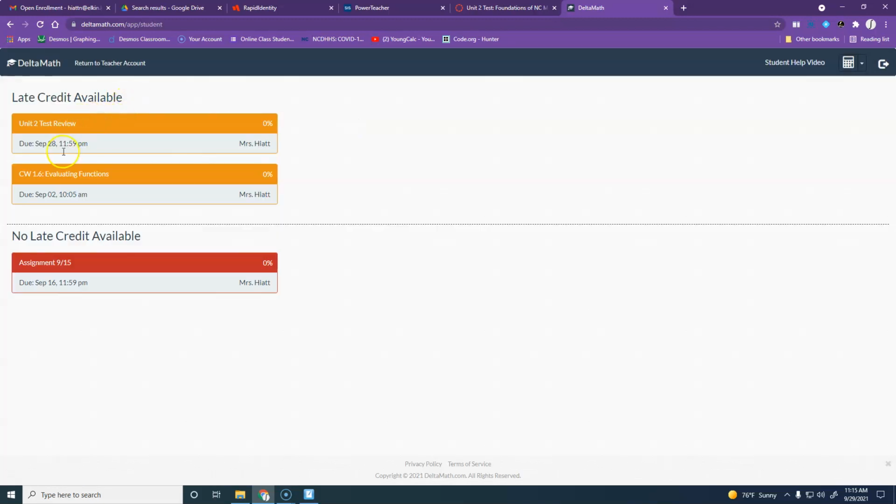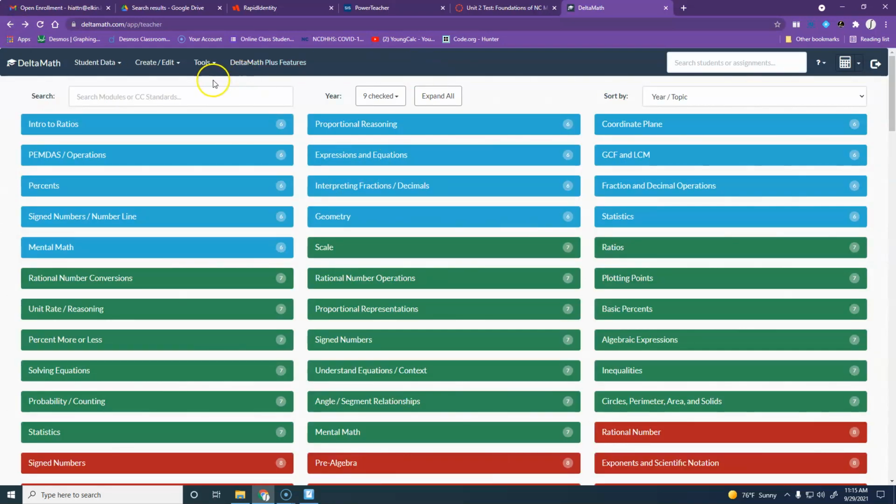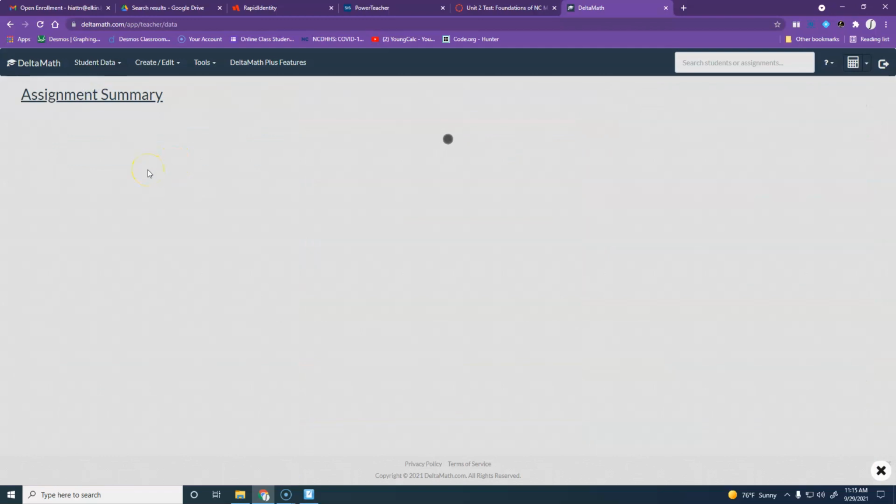Foundation. Where's it at? It's not there. Did I put it in the wrong class? Maybe I put it in the wrong class. I might have to fix it for you.